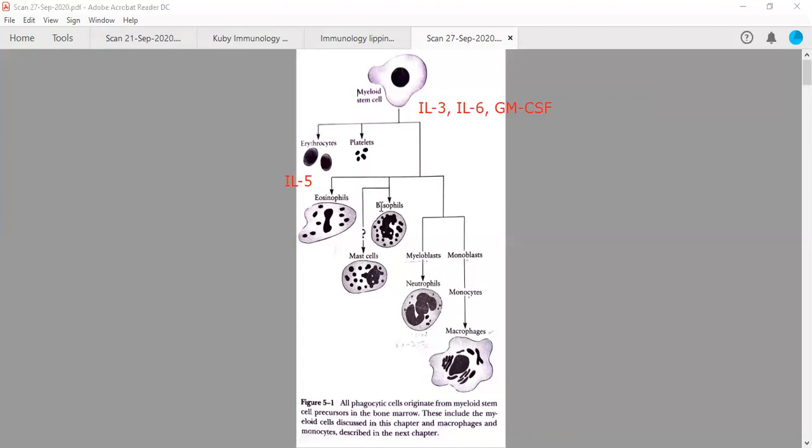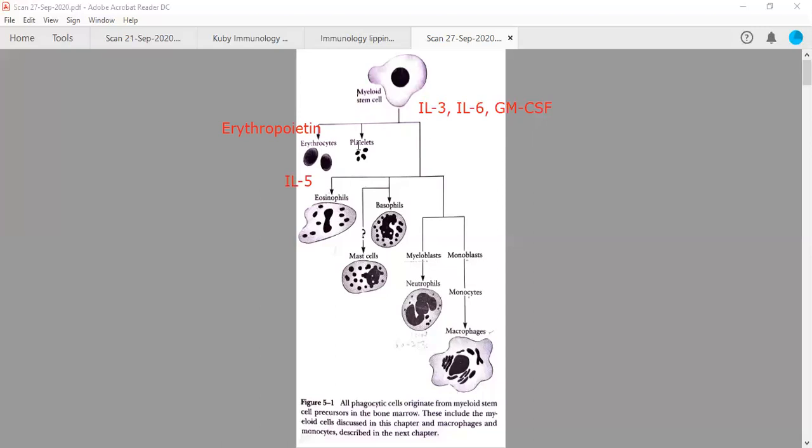Now, if there is erythropoietin, which is a hormone responsible for the synthesis of erythrocytes, right? So erythropoietin, a hormone. So if erythropoietin hormone is there, it will lead to the synthesis of RBCs.